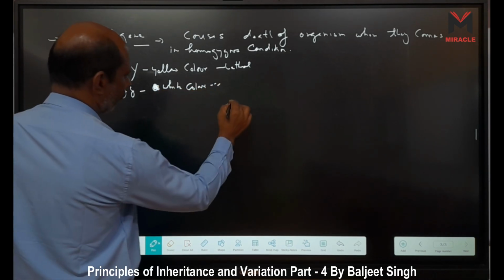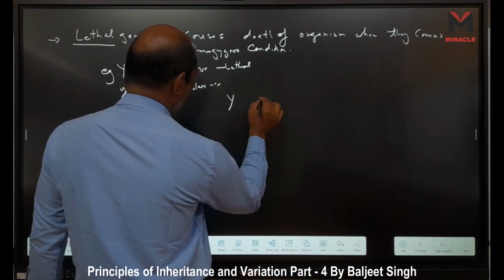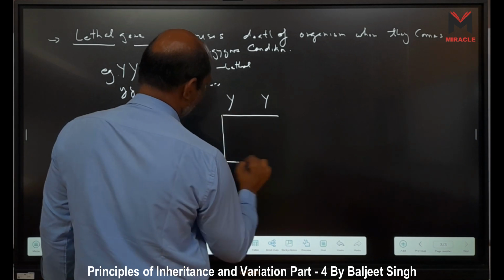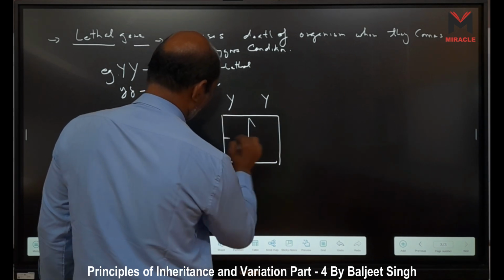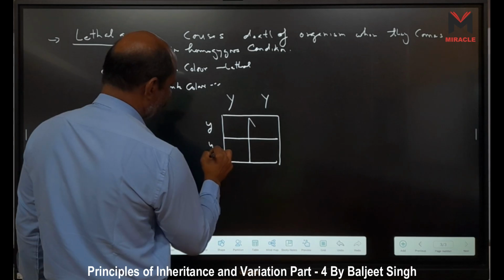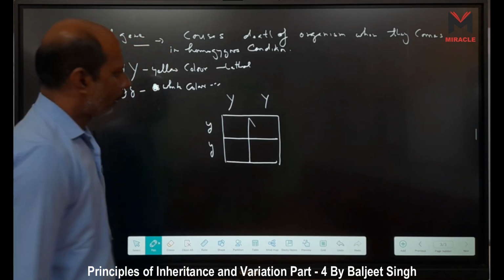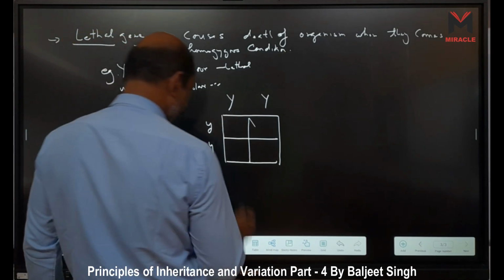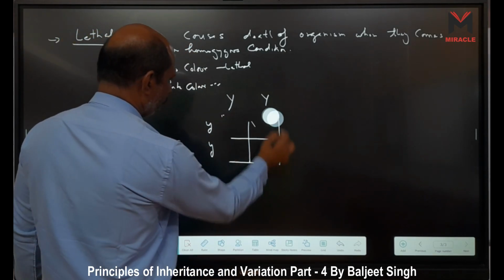Then we have two types of gametes, capital Y on this side, and on this side I write small y, because this is the F1 generation.